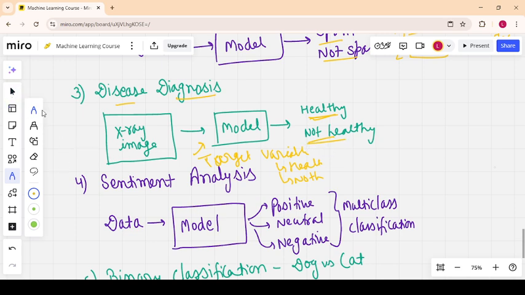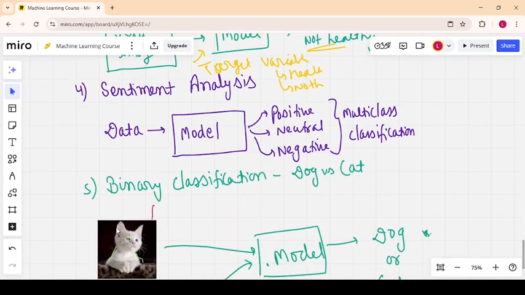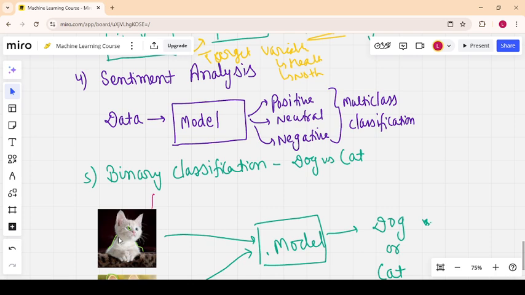The next example is sentiment analysis, in which we have text as well as a label. We feed this data into the model, and we are trying to predict whether it is positive, negative, or neutral sentiment. This is called multi-class classification.